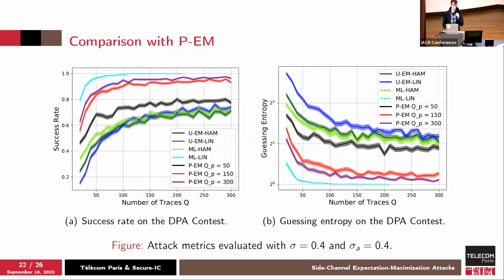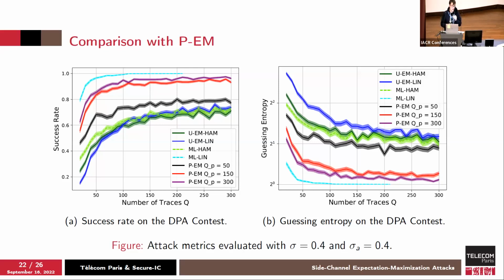Now we compare it with profiled EM. So you need to know two numbers of traces for PEM, because you need to know how many traces for the profiling and how many traces for the attack. So QP here is the number of traces for profiling for each key hypothesis. So here, as we target a PRESENT S-box with 4 bits, that means we have 16 times QP traces for training a model.